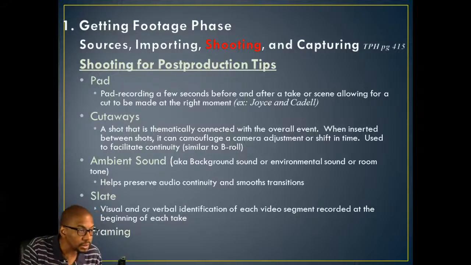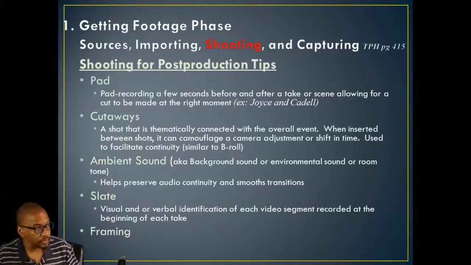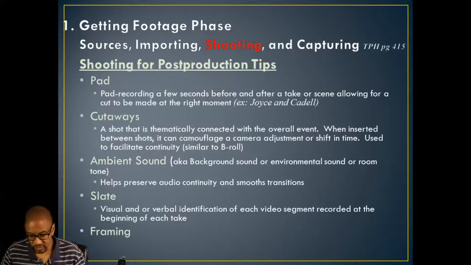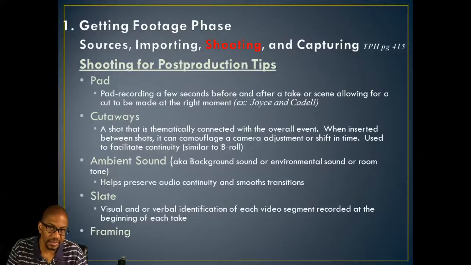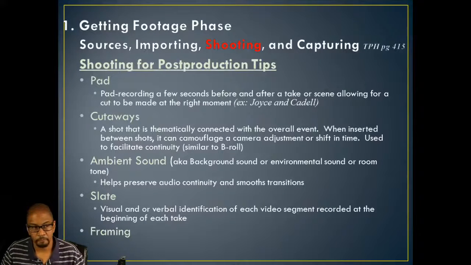Okay. A slate. So a slate is what you see in the movies. Well, actually, the Final Cut Pro 10 icon is a slate, but it has like a rainbow color to it. Basically, it's a little clapper thing that they do before takes. It gives you information about what take they're doing, what scene. Also, the sound is used for syncing.